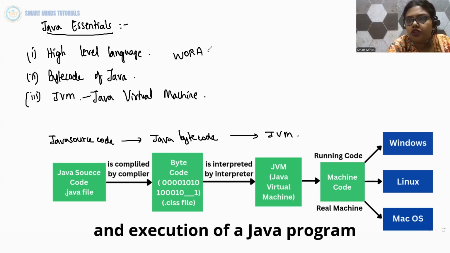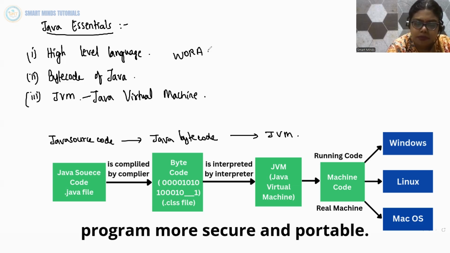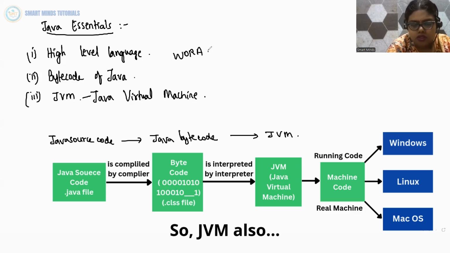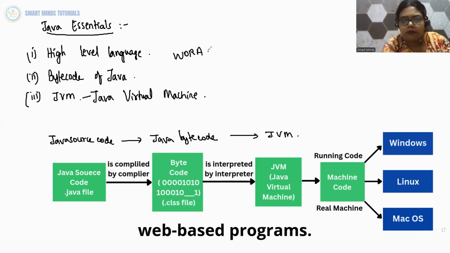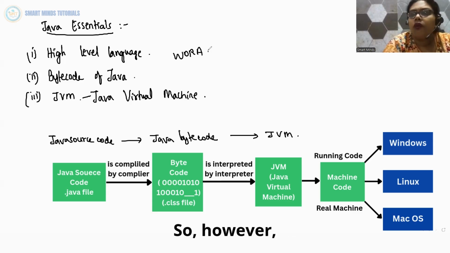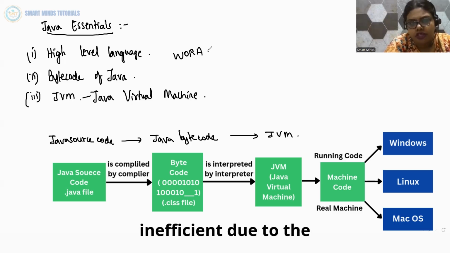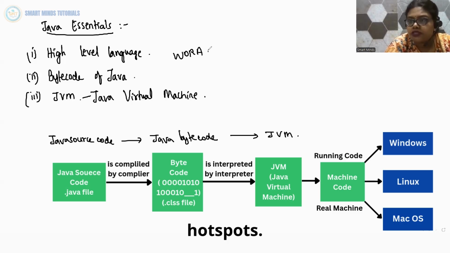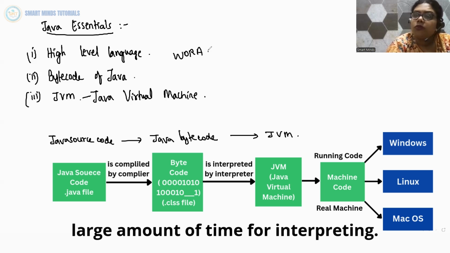And execution of a Java program by JVM makes the program more secure and portable. JVM also solves the issues related to web-based programs. However, sometimes the interpreter becomes inefficient due to hotspots and due to the consumption of a large amount of time for interpreting.